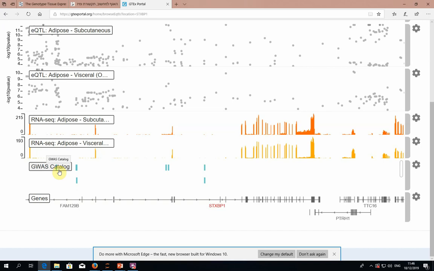The GWAS catalog is a catalog of any experiment that was done with cases and controls for any trait you can think of, such as obesity, BMI, depression, or whatever. The question is whether any variant in our genome is statistically associated with this trait.